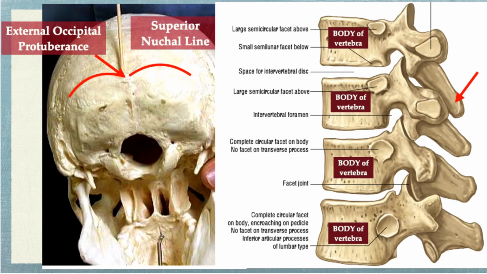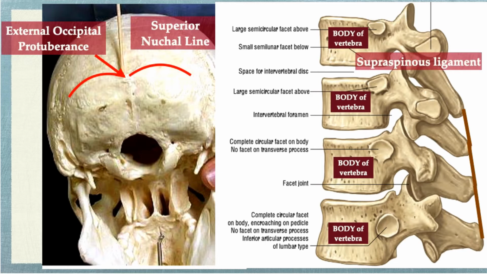On the right side of the screen, you can see vertebrae. You can see the body of the vertebrae, and the red arrow here is representing the spinous process of the vertebrae. The apex or the tip of the spinous processes are connected to each other by the presence of a ligament, which is represented by brown line here. These ligaments which connect the tips of the spinous processes are called as supraspinous ligament.